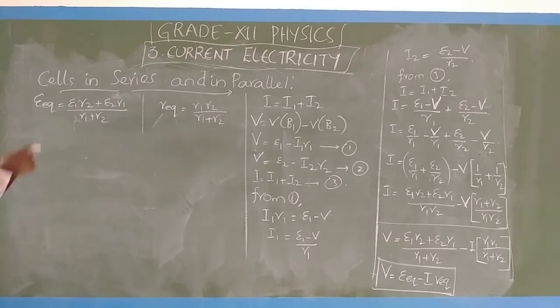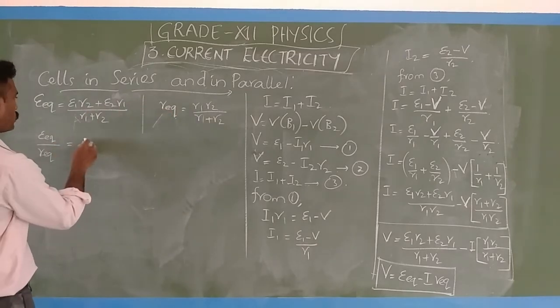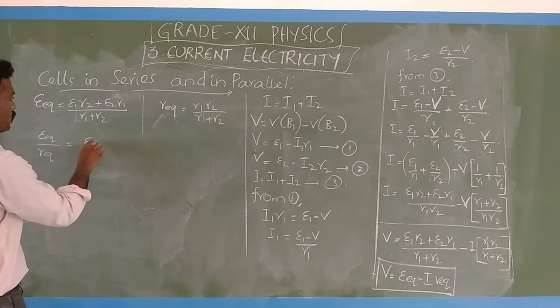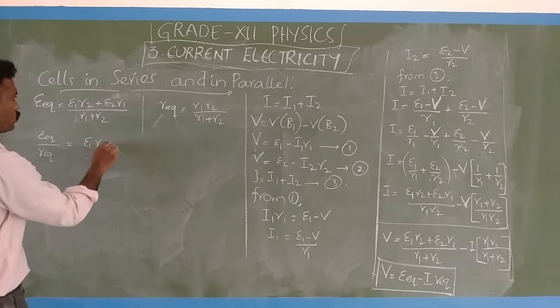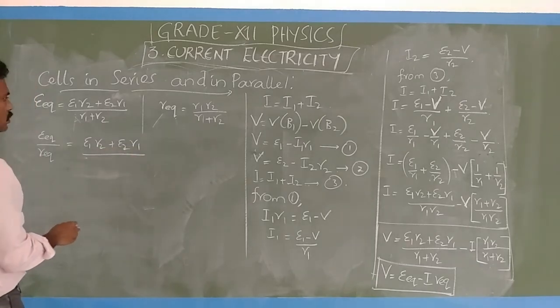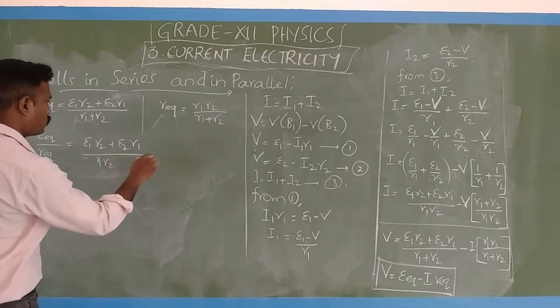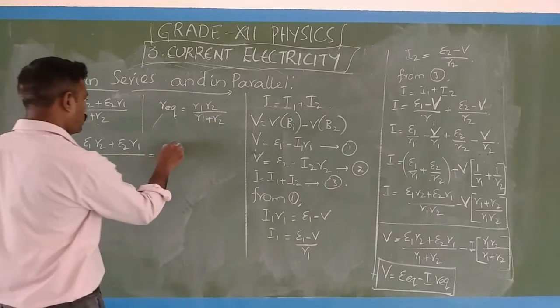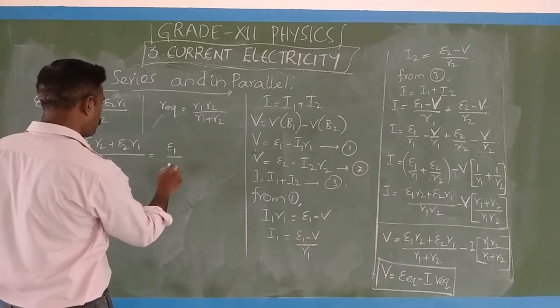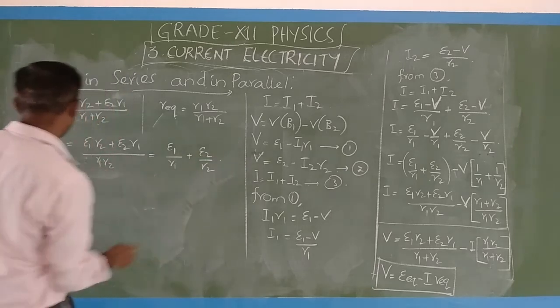So when you take the ratio of these two, E equivalent by R equivalent, you get E1 R2 plus E2 R1 divided by R1 R2, as these two get cancelled out, which is E1 by R1 plus E2 by R2.